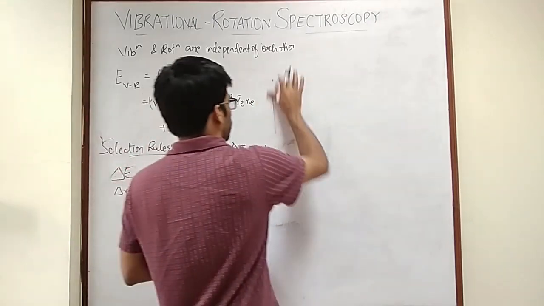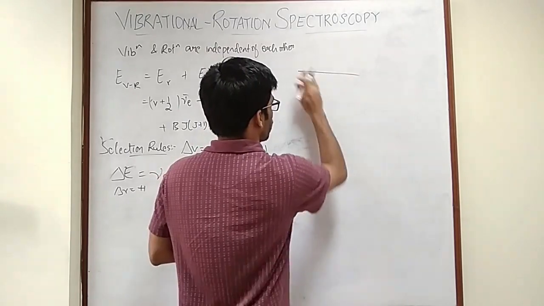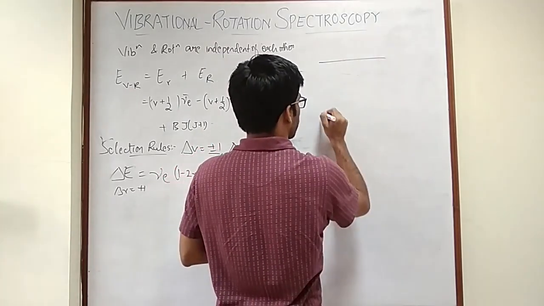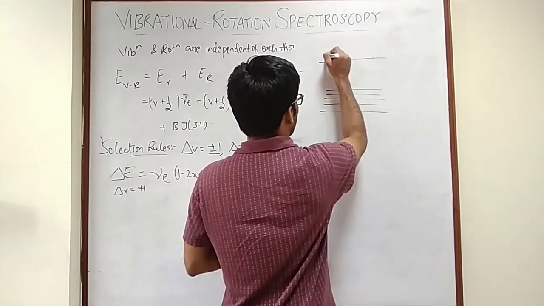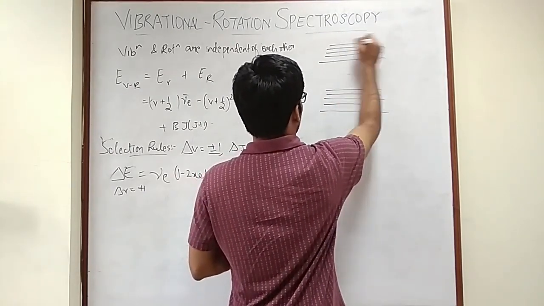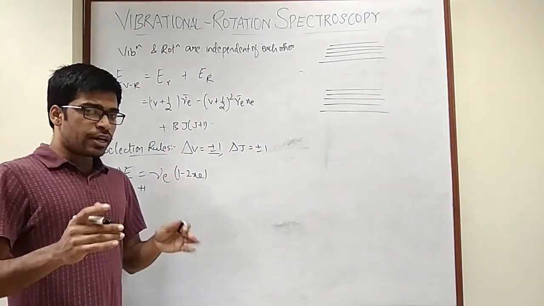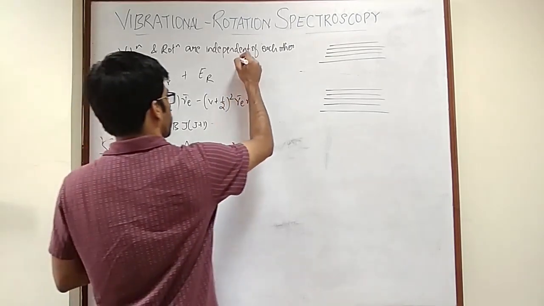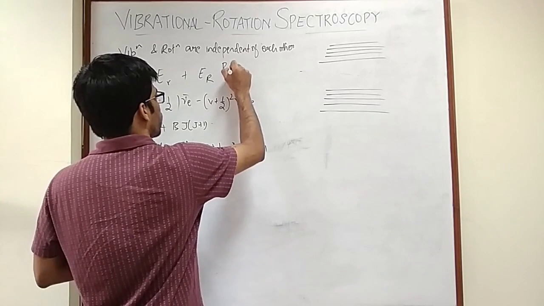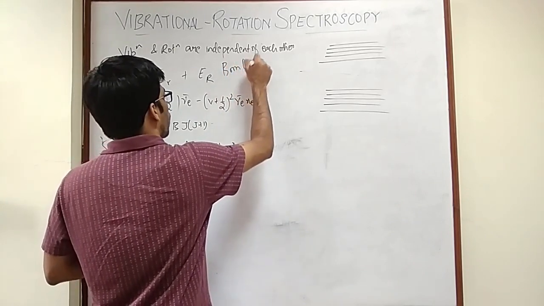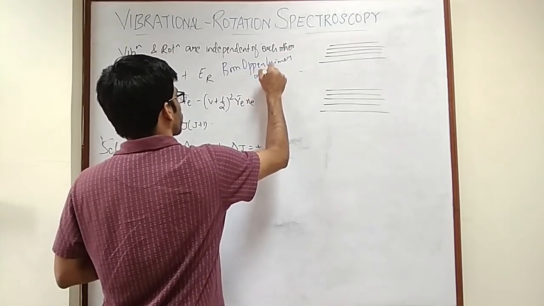Okay, so before that, let's visualize what we are trying to do. Let's say these are two vibrational energy levels which have smaller rotational energy levels. And we considered the vibration and rotation are independent of each other. This in principle is known as the Born-Oppenheimer approximation.